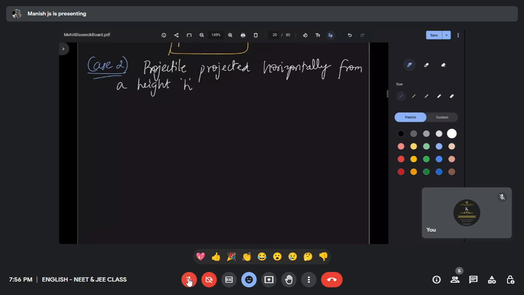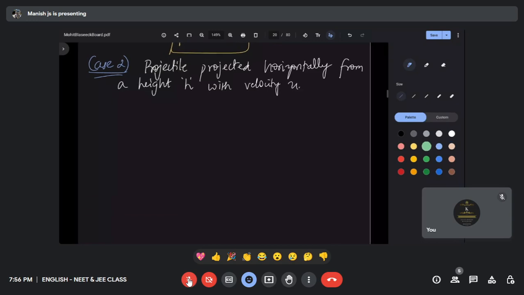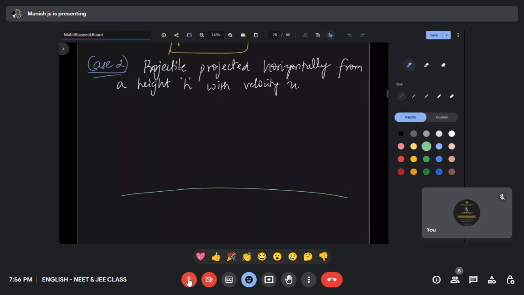Say from a height h with velocity u. So ஒரு ஹைட்ல இருந்து நம்ம அதை ப்ரொஜெக்ட் பண்றோம். Assume this is the ground level.